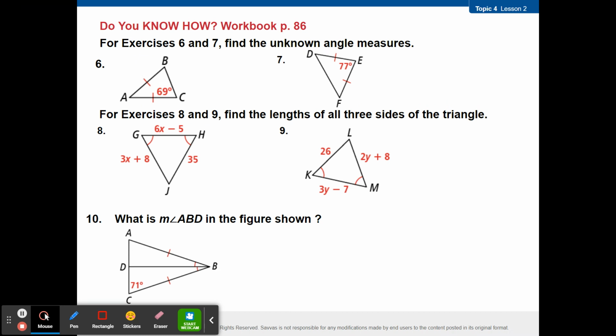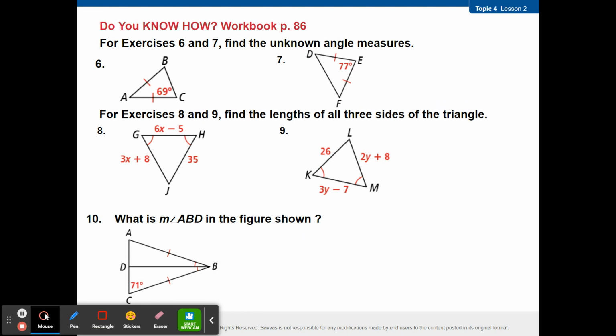I can't do it. It's 3 angles plus X. You do 180 minus 71. Where did you pull that?